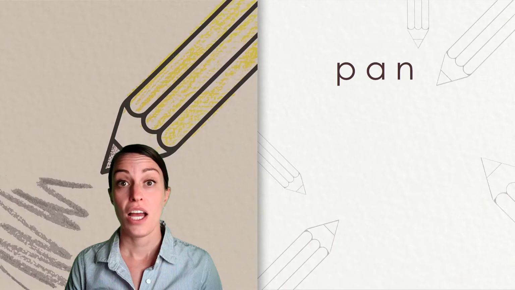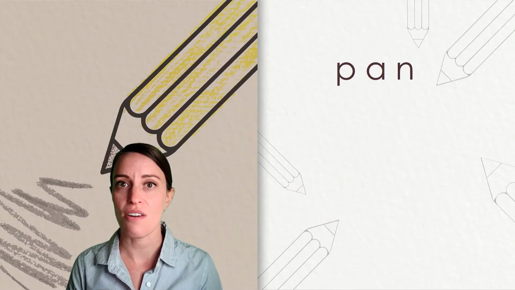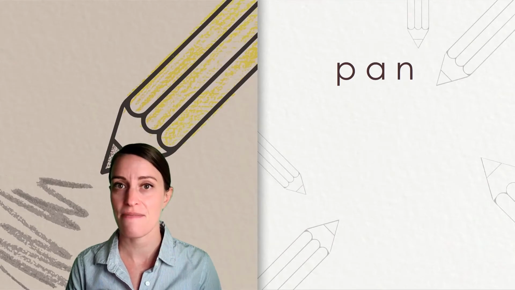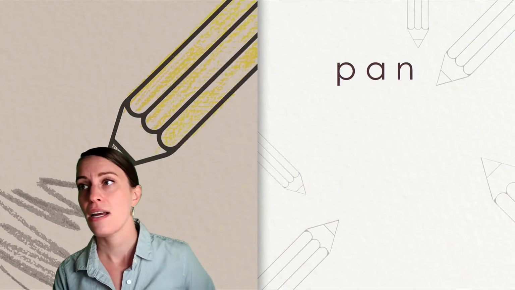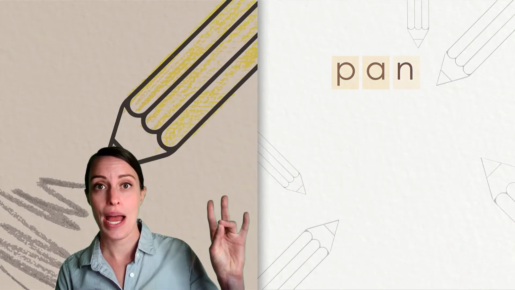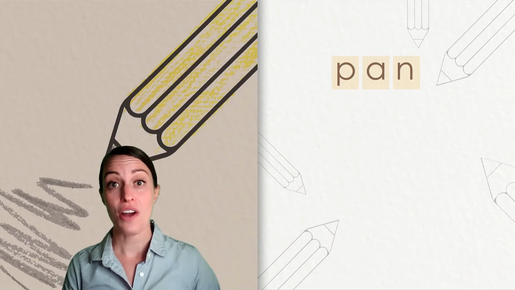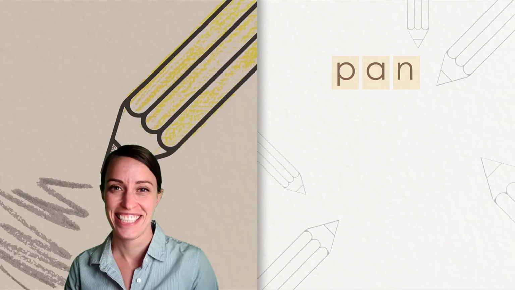Writing. Go ahead and grab your piece of paper and your pencil for this part of the lesson. Our first word is pan. Pan. Go ahead and write this first word on your paper.